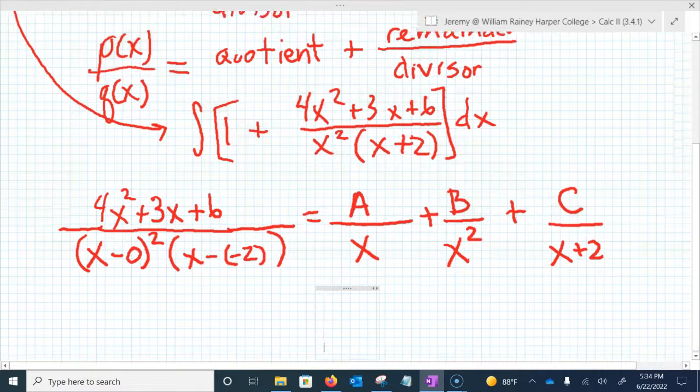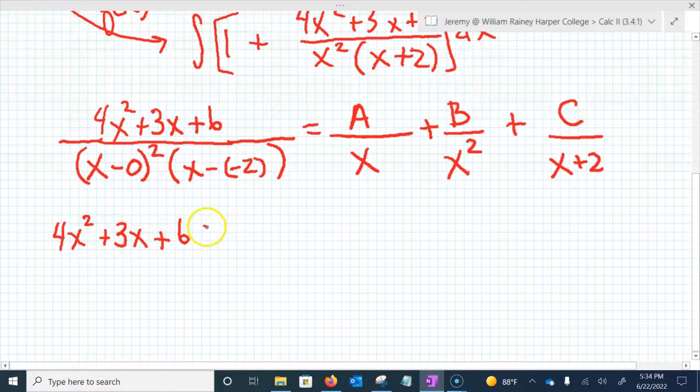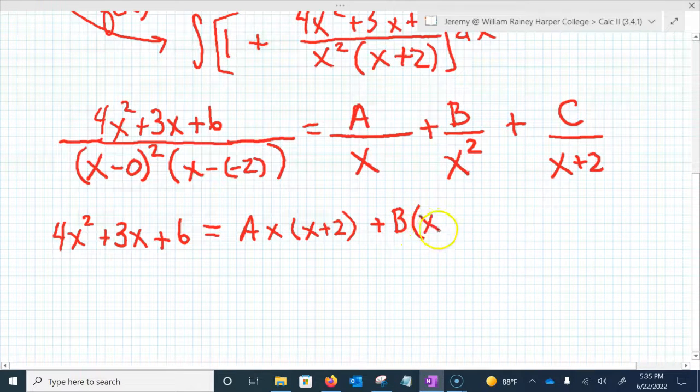So if I do this, I get 4x squared plus 3x plus 6 is going to equal a times x times x plus 2 plus b times x plus 2. Oops, writing 2 backwards. It's backwards day. And plus c times x squared.